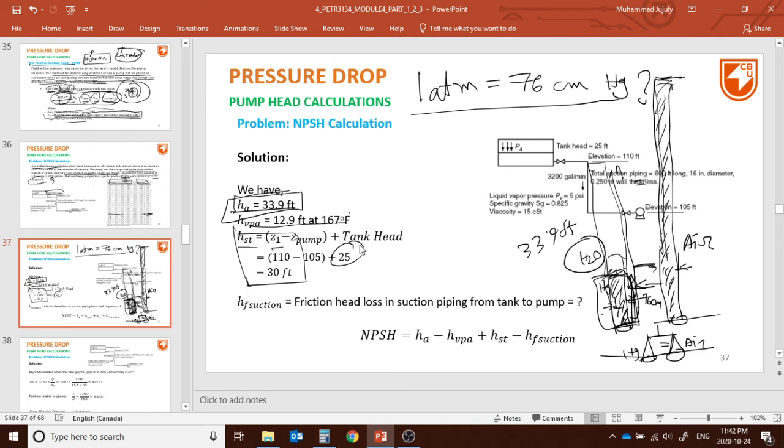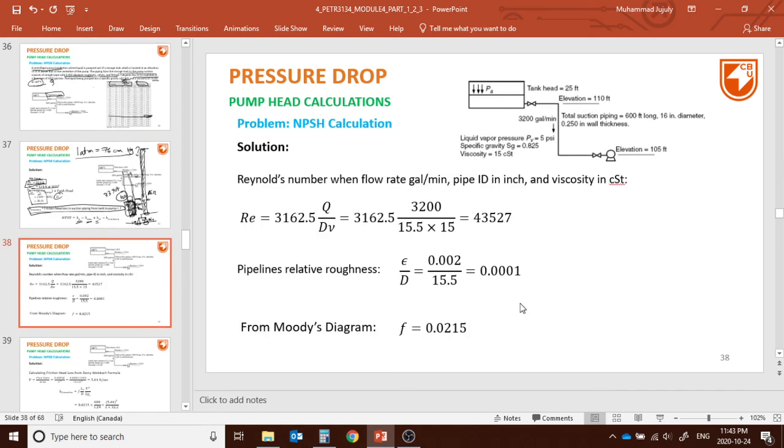So how can we calculate the NPSH? NPSH equals HA plus HVP. We know HA, we know HVP, we know static. Now what other things do we need to know? Friction head loss in the suction piping from the tank to the pump. In order to do that, we need to calculate the Reynolds number, and here we got the Reynolds number, which is 43,000.